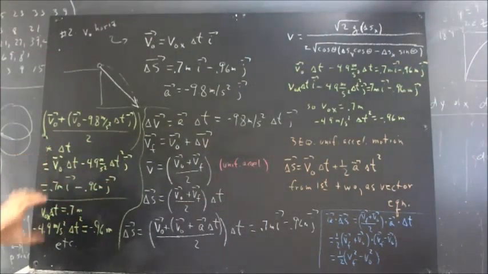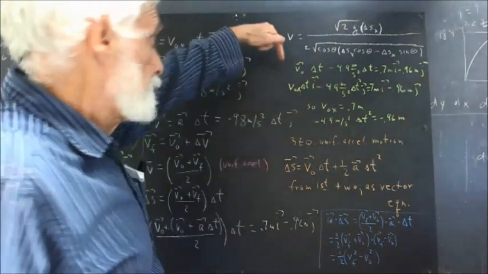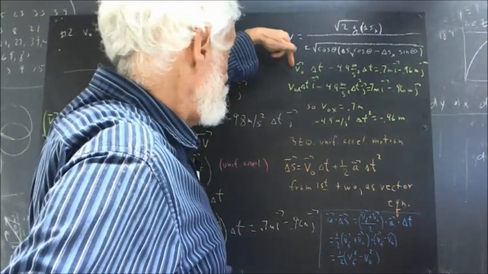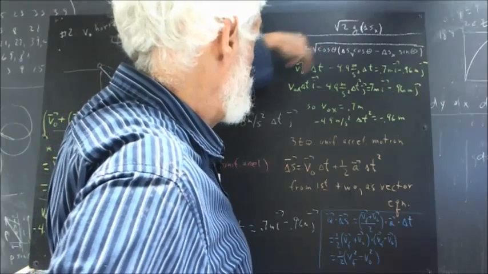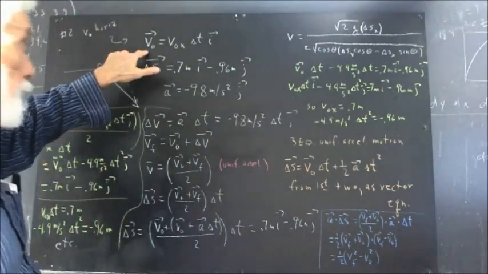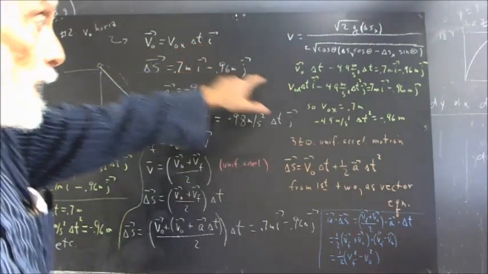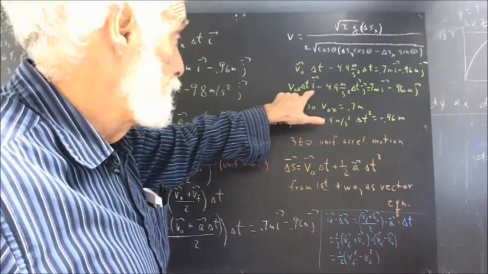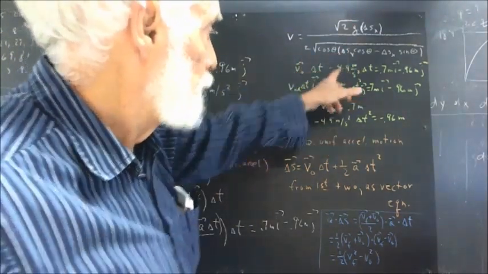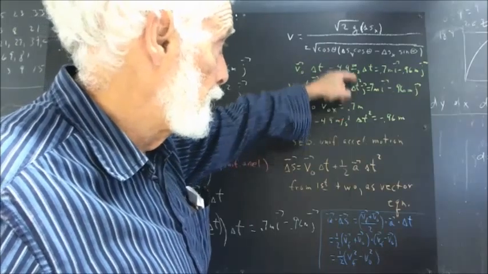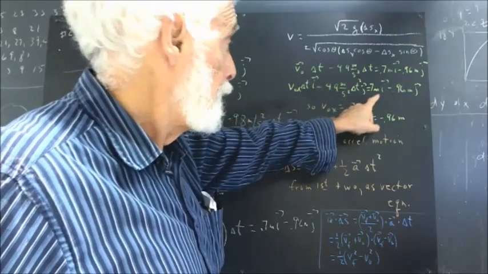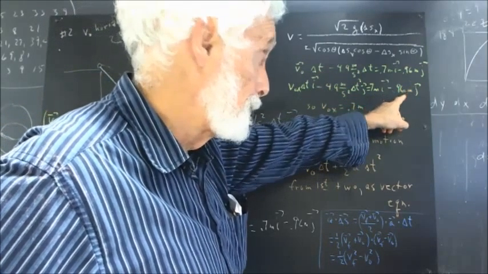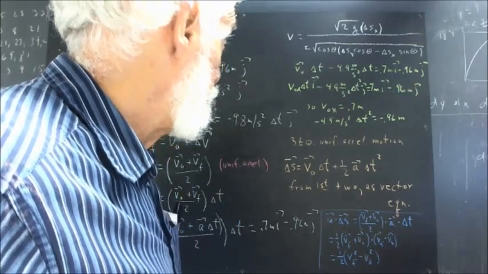Try to connect this with this in a way that's pretty much airtight. Okay, so V naught delta T means then V naught is V naught x delta T times I. So we got V naught x delta T I. Then we got our minus 4.9 meter per second squared delta T squared times J equals 0.7 meters times I minus 0.96 meters times J.